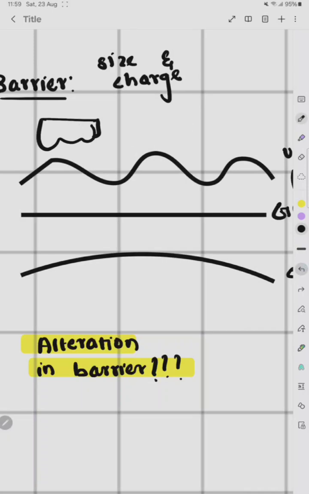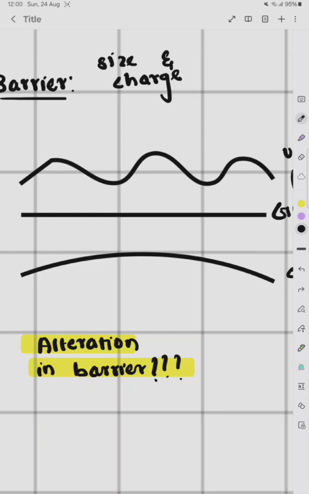Now, what is this charge barrier? The glomerular basement membrane generally contains some proteoglycans, glycoproteins. Basically, the glomerular basement membrane is negatively charged, so that prevents loss of proteins, because proteins are amino acids which are also negatively charged.